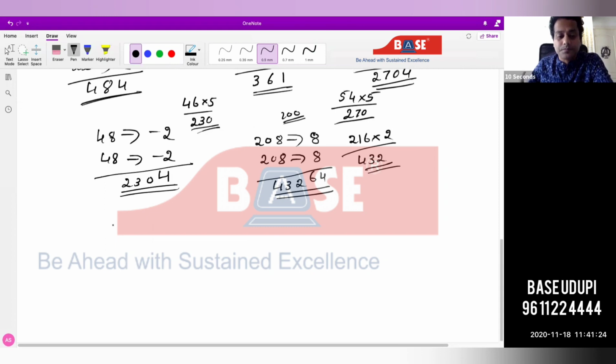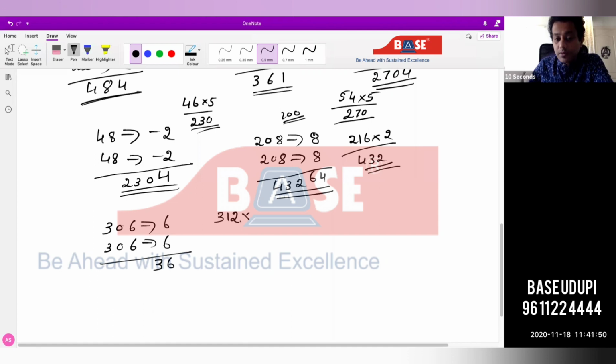If I take say 306 into 306, 6 more than 300. 6 into 6 is 36. Till 1000, two digits. You can see two digits are here. No need to carry anything. 306 plus 6 is what? 312.